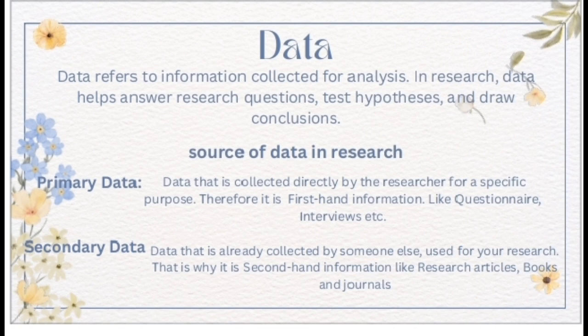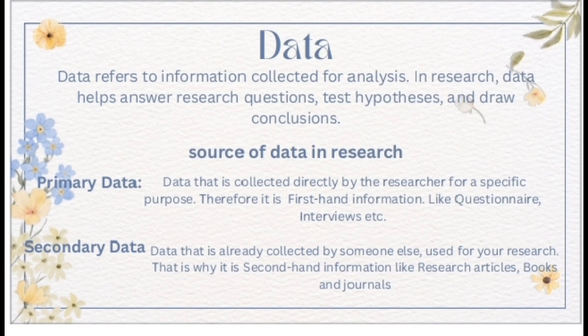Then we have secondary data. Secondary data means whenever we use someone else's material in our research. Like if I want to do a literature review on my topic, and I cite a few research articles in my literature review or in my research, for giving a reference.